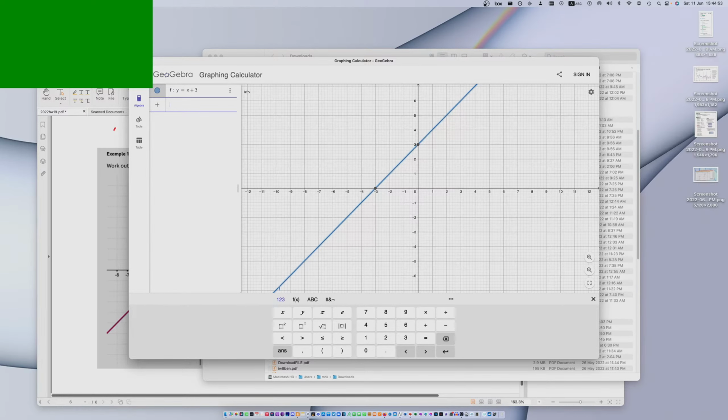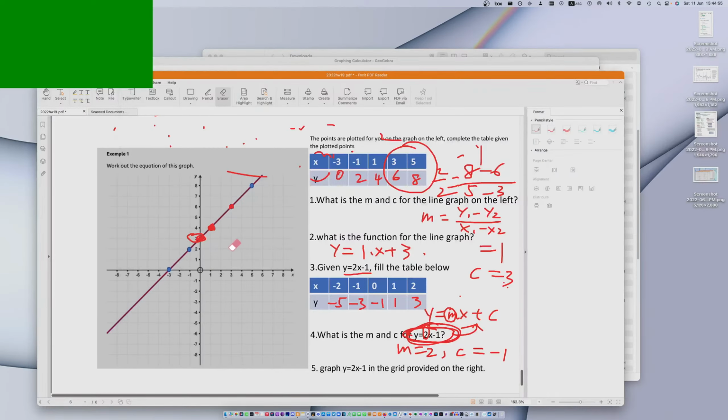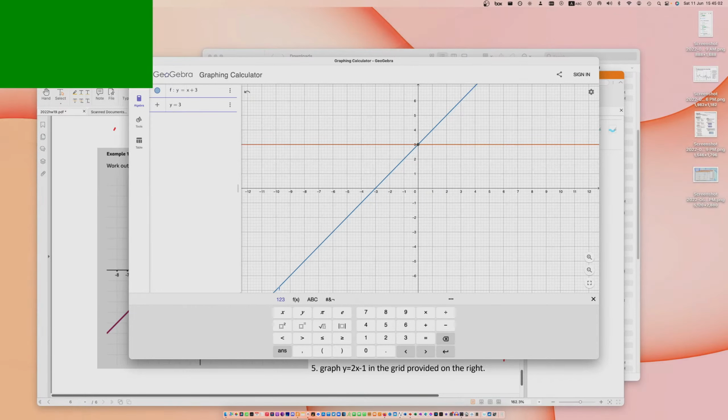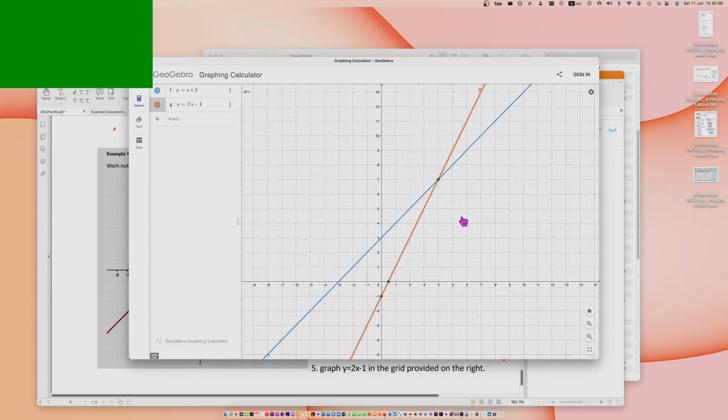The other one? Y equals 2x minus 1. Okay, so I got an intersection point here.